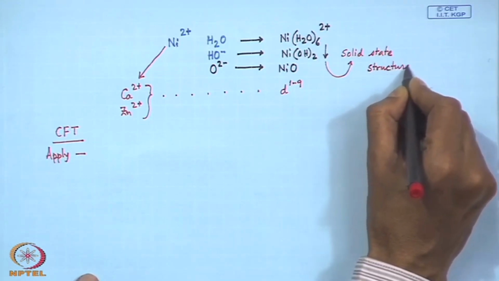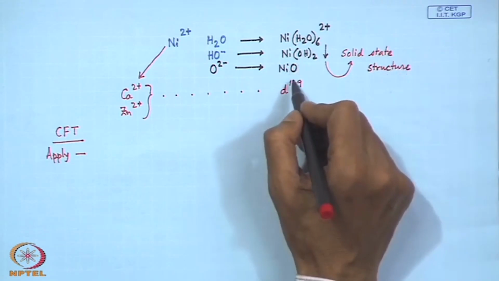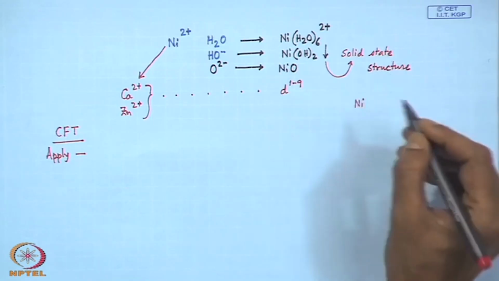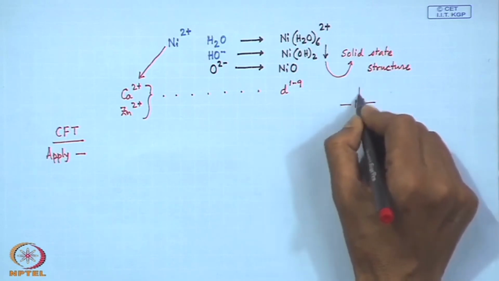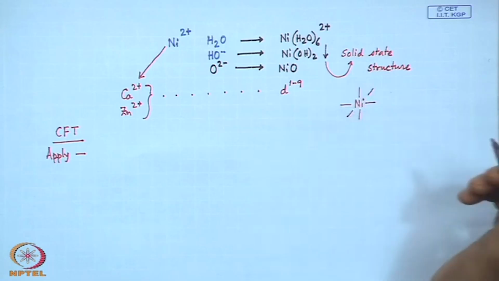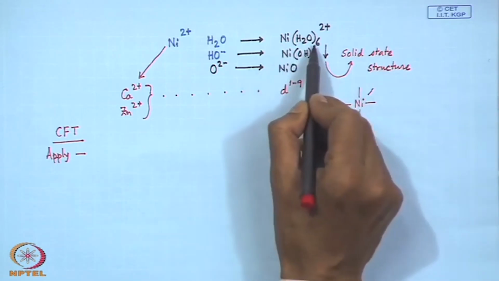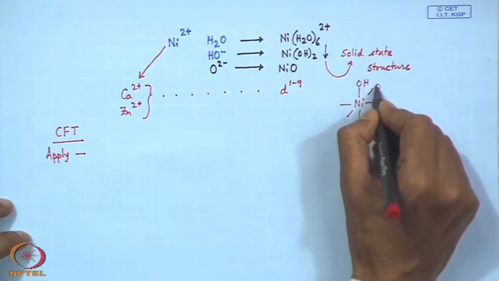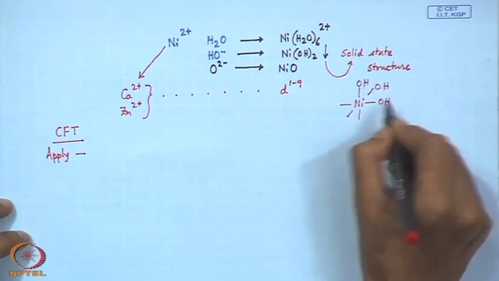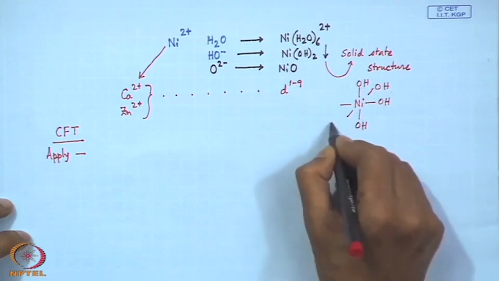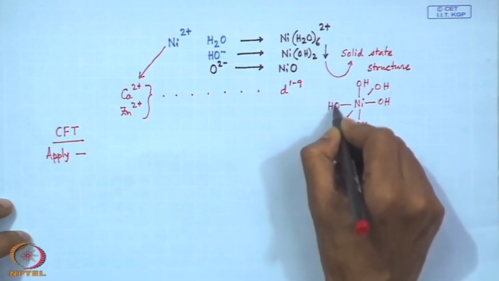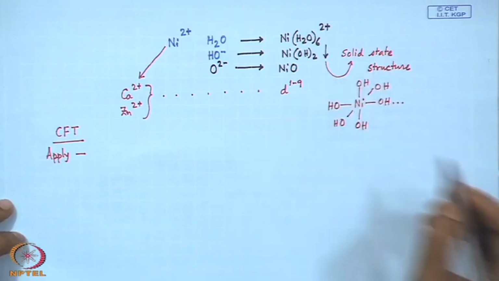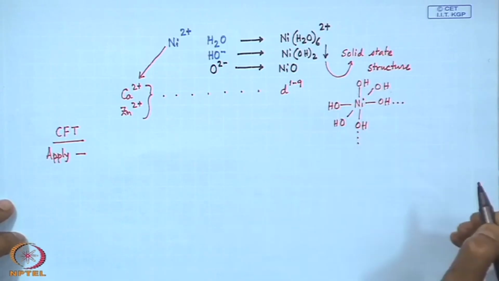So both nickel hydroxide and nickel oxide can have a solid state structure, where we will see how this nickel is sitting, whether it is in some octahedral crystal field like that of our hexaaquanickel 2 ion, or in some other form where these ligands have been changed from water to hydroxide ion, or they are forming some polymeric species where this OH group can form bridging interaction with the second metal center.